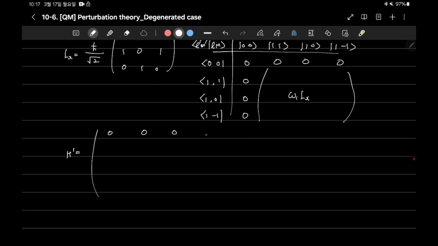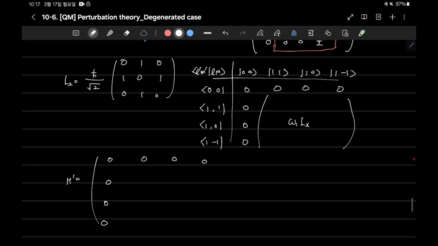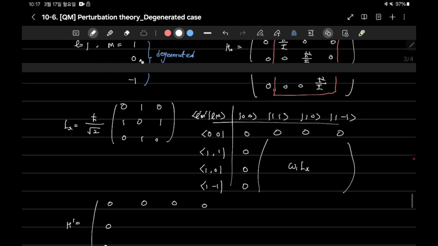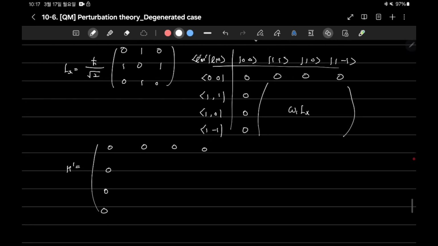H prime means omega 1 Lx, so the H prime matrix has zeros for the L equal to 0 part, and we should find the 3 by 3 matrix for the degenerate L equal to 1 case.